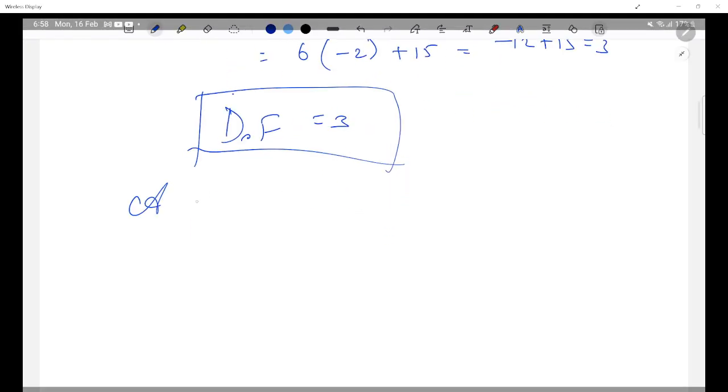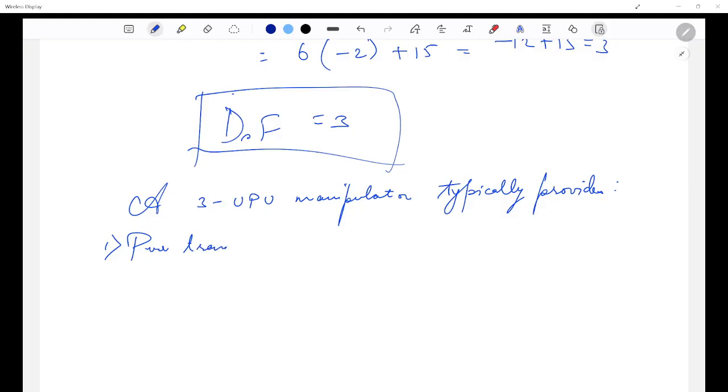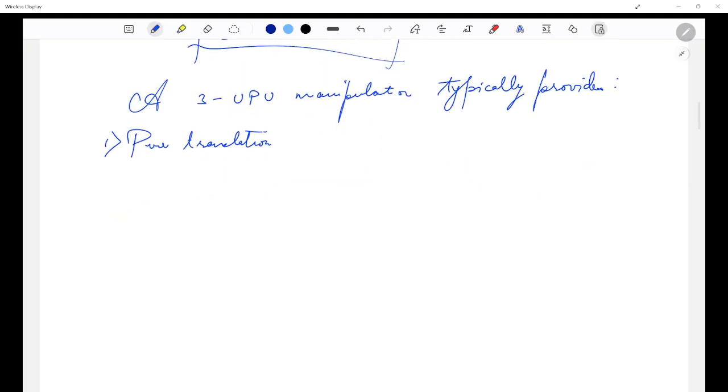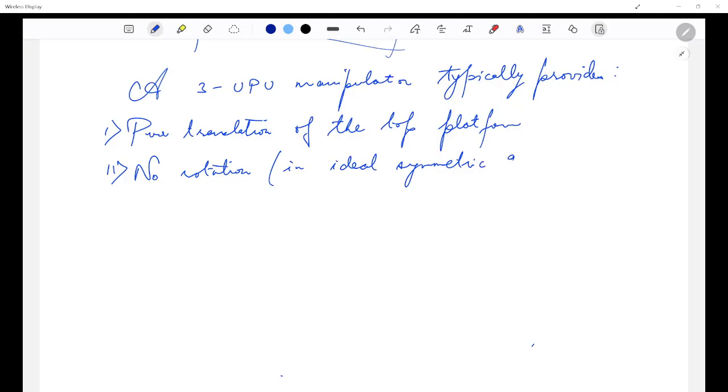So a 3UPU manipulator typically provides pure translation of the top platform and no rotation in ideal symmetric geometry.